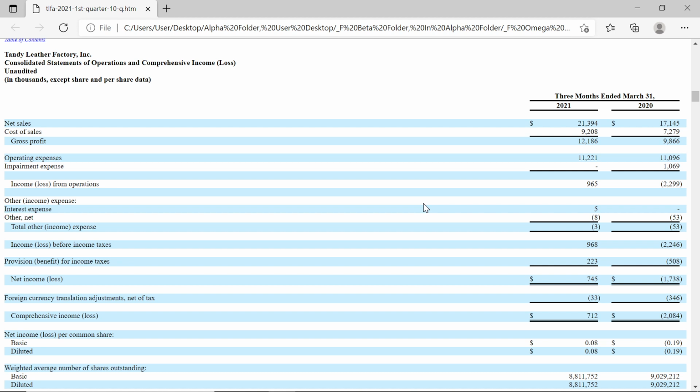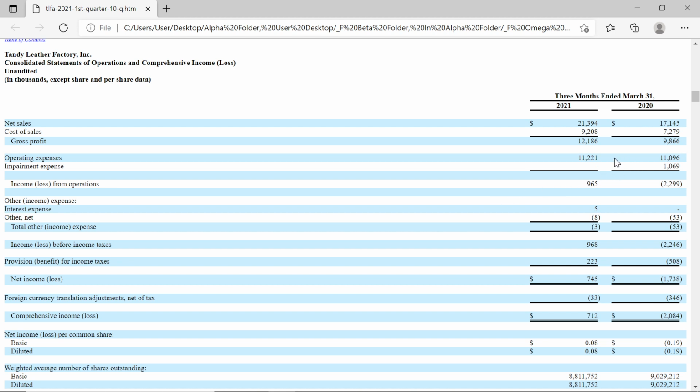Net sales of $21 million with a gross profit of 12 million on that sales. Okay, so let's think about that. Could we possibly squeeze some profit out of 12 million gross profit cash that's coming in when all we own are 100 stores? So I'd say yes. Yes, we could squeeze a nice profit out of that.